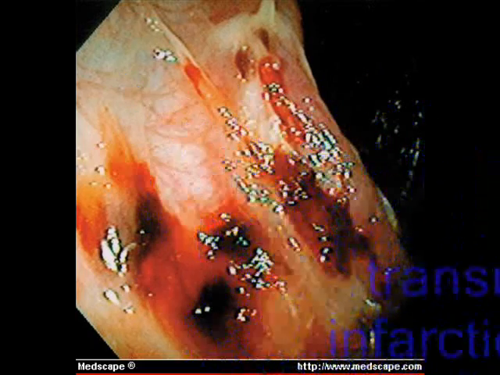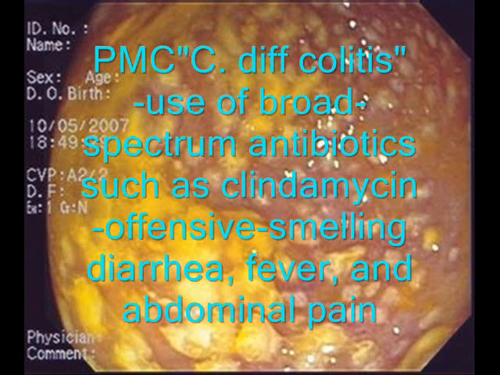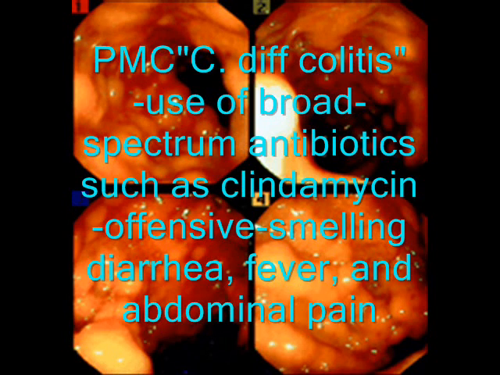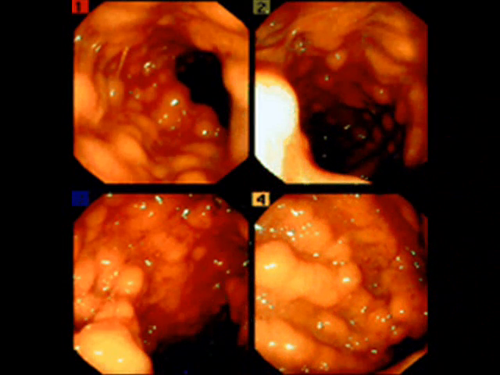Now let's move to the next entity, pseudomembranous colitis, so-called C. diff colitis, following use of broad-spectrum antibiotics such as clindamycin or erythromycin. Offensive-smelling diarrhea, fever, and abdominal pain are the classic presentation.